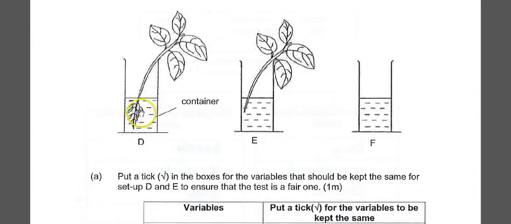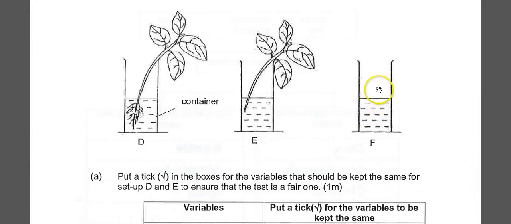Okay, when the water level falls here, the water level here must also sometimes fall, not because of absorption, but because of evaporation. So the rate of evaporation for E and F will be the same. Watch out.